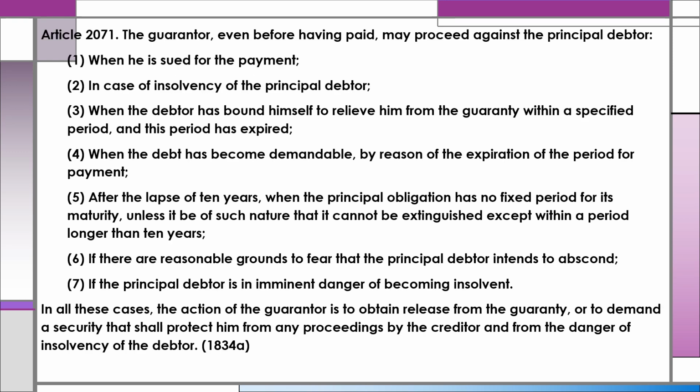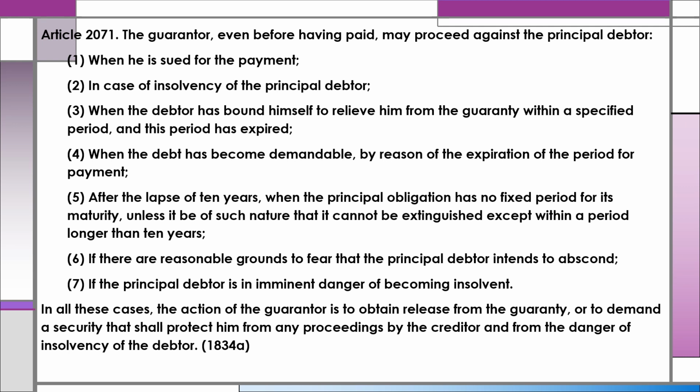Article 2071. The guarantor, even before having paid, may proceed against the principal debtor, number 1, when he is sued for the payment. Number 2, in case of insolvency of the principal debtor. Number 3, when the debtor has bound himself to relieve him from the guarantee within a specified period, and this period has expired. Number 4, when the debt has become demandable by reason of the expiration of the period for payment.